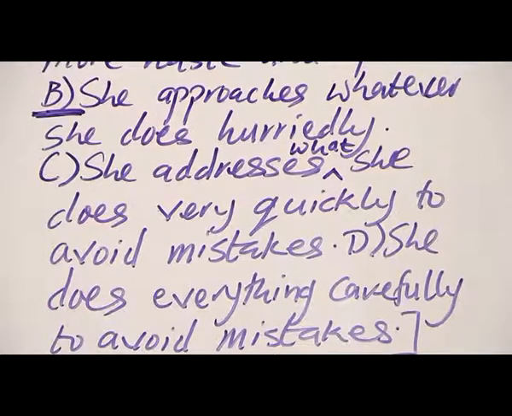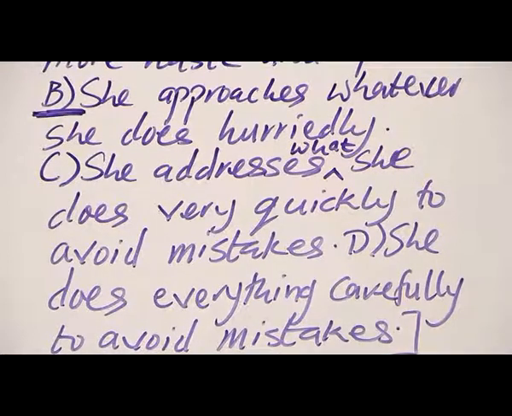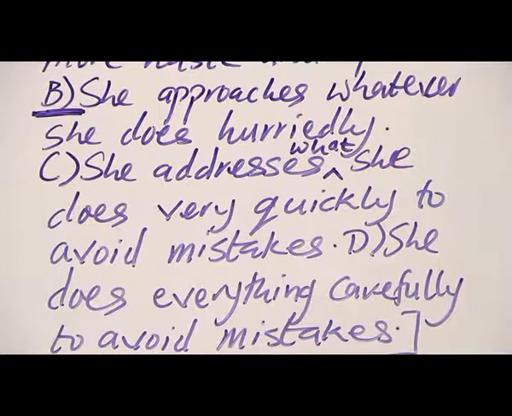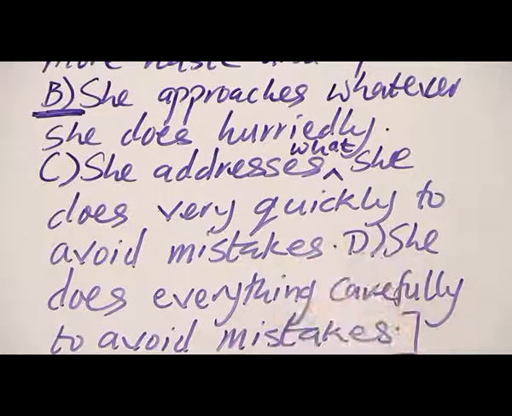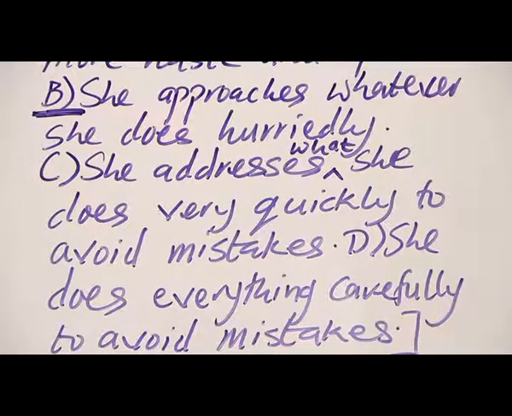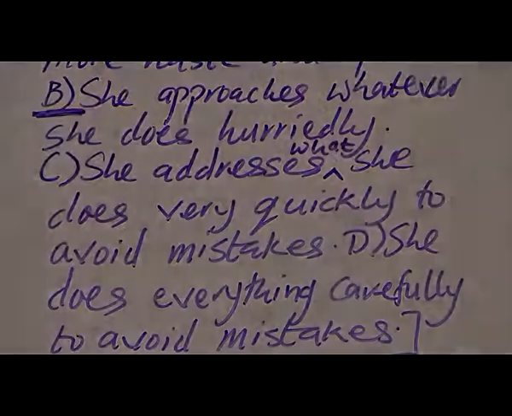But it's difficult to say that doing things in haste is synonymous with doing things carefully. In fact, it is better to say that they are opposites than to say that they are synonyms. So based on that, we cannot accept this option D. And again, the point of avoiding mistakes, as explained in option C earlier, also shows that D cannot be our answer.